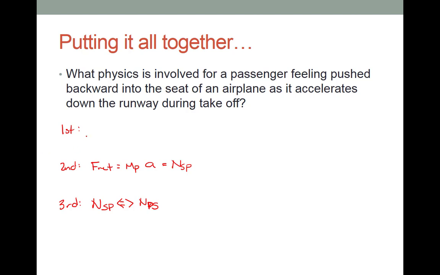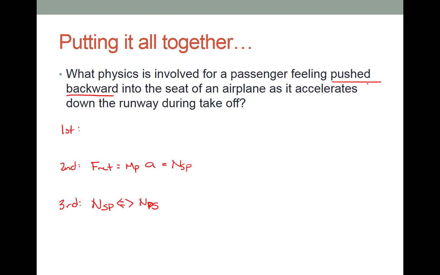Okay? The first law is tricky. But it's all about this whole feeling pushed backward bit. Because remember what that passenger is going to want to do. Right? First law says that an object is going to want to stay at rest, or stay moving with constant velocity, which could be at rest, unless there's a net external force.